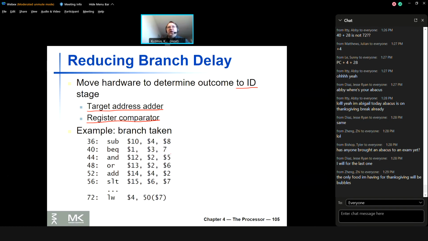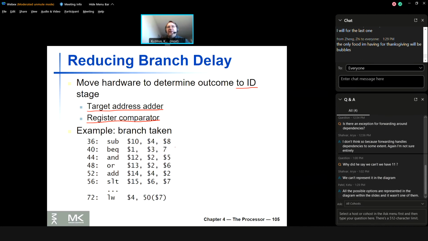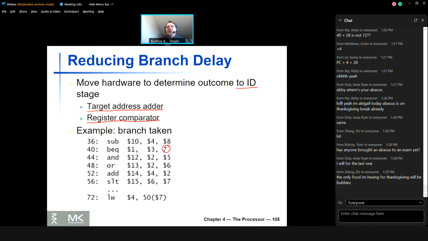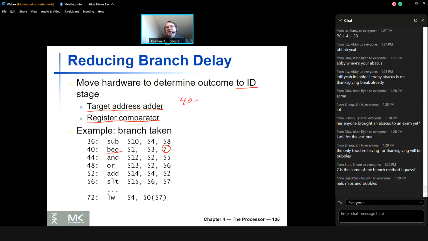Okay, here is another example, and in this example, why do we have 7 here? Can someone tell me? So this is the BEQ. This is very similar to the example before, but why do we have 7 here? Because now it doesn't make sense, right? 40 plus 7 is not 72, and even 44 plus 7 is surely not 72.